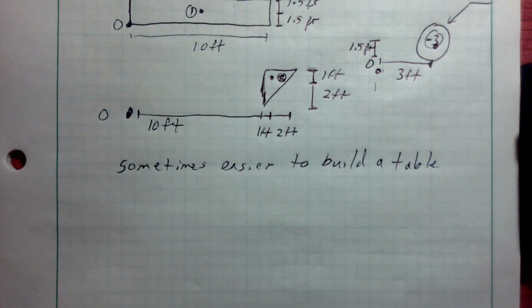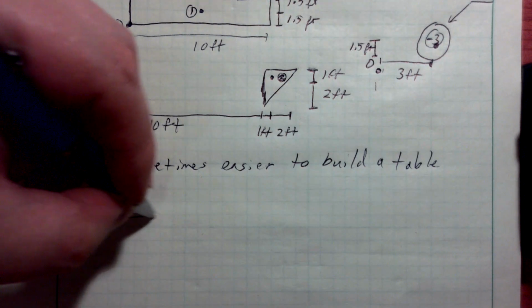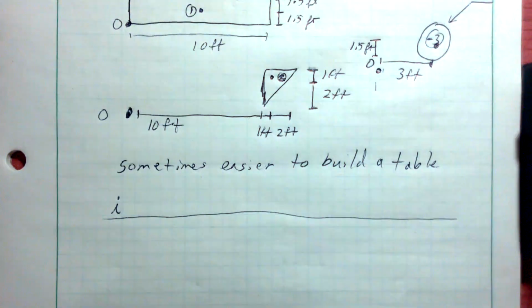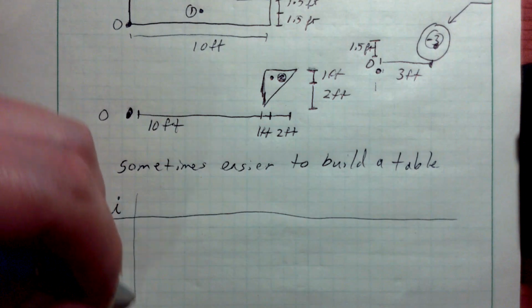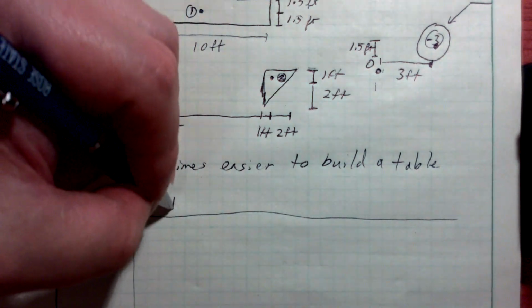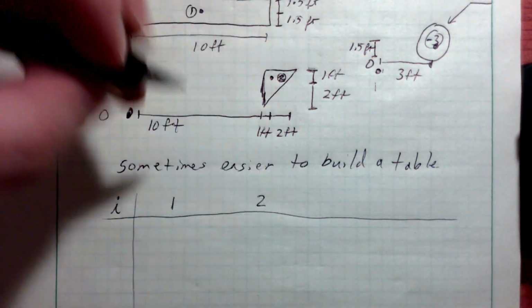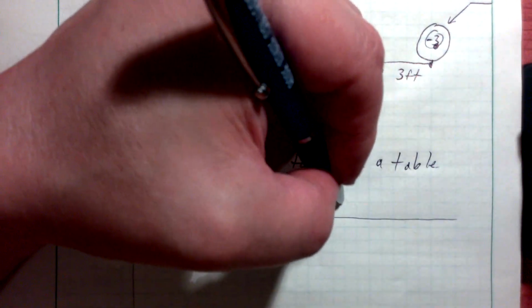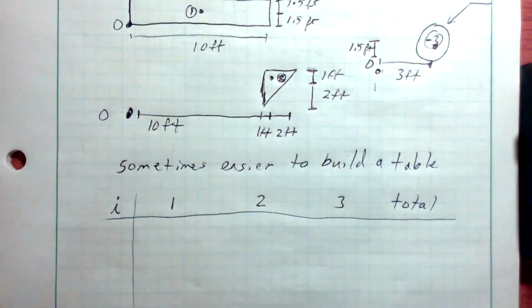So again, we're going to look at each individual shape. So I'm going to put on the top row of this table, I've got 3 individual shapes. So I've got shape number 1, that's my rectangle. I've got shape number 2, that's this triangle. And I've got shape number 3, that's this circular hole over there. And then I'm going to have a total column.